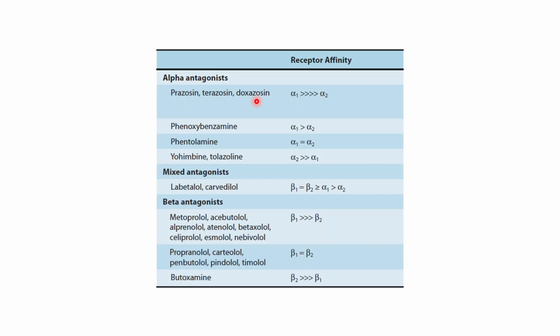It has been suggested that some alpha-1 receptor antagonists may have additional effects on cells in the prostate that help improve symptoms. Prazosin, doxazosin, and terazosin are all efficacious in patients with benign prostatic hyperplasia. These drugs are particularly useful in patients who also have hypertension.